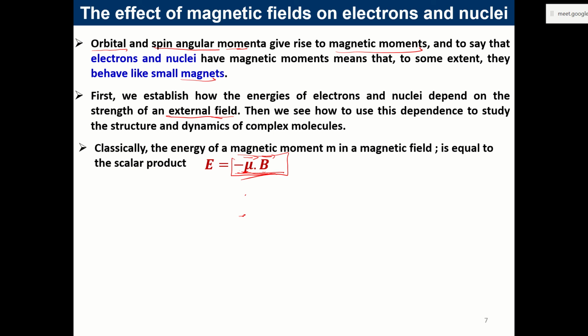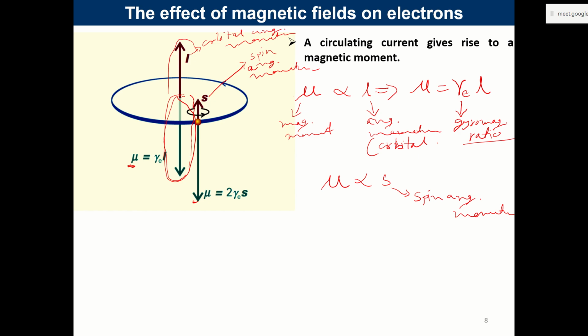If a negative charge is moving and you have the direction of the magnetic field, then the magnetic moment will point in the opposite direction.